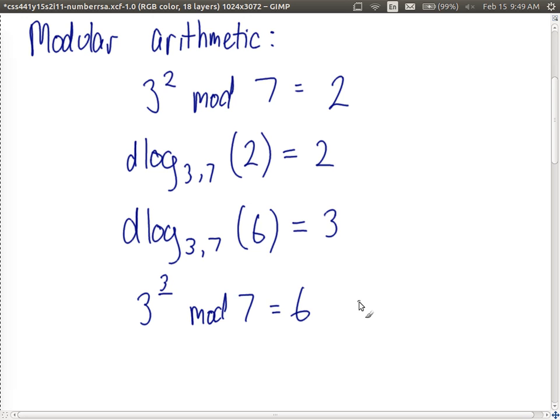And these numbers should be all less than 7. Of course, if we have 10 here, it's the same because 10 equals 3 in mod 7. If we have a number larger than 7, we bring it back to the set 0 to 6. Don't use your calculator to solve a discrete logarithm. It won't work.